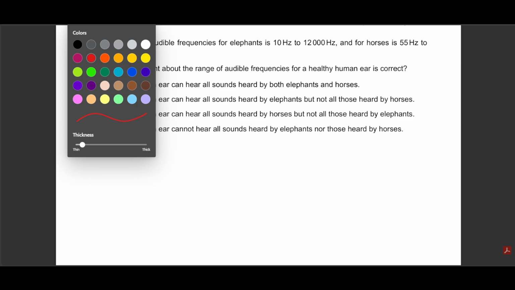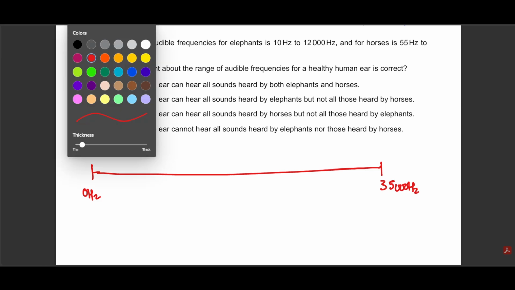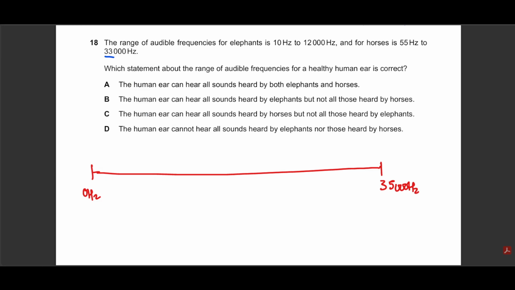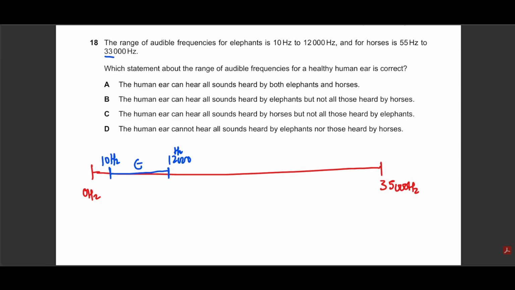If we make a number line like this one, let's say this is 0 hertz and this is, let's say, 35,000 hertz. The elephants would probably be hearing from, let's say, 10 hertz up to 12,000 hertz. This is the elephant. If you can do this mentally, that's completely up to you, it's fine.